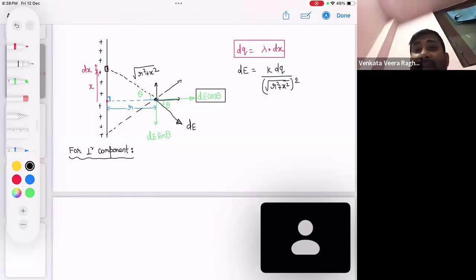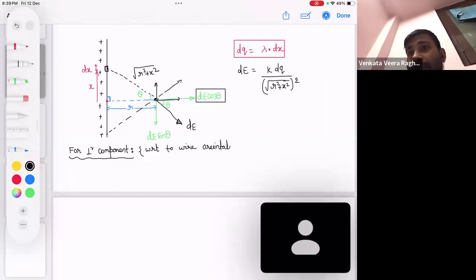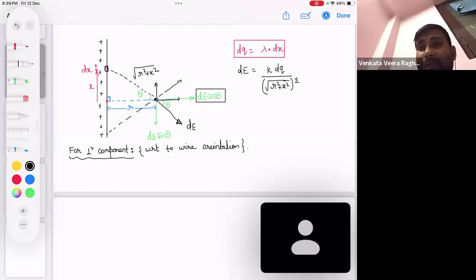As a reference to the wire. You can say with respect to wire orientation. This perpendicular component I am calling with respect to wire orientation. Clear?